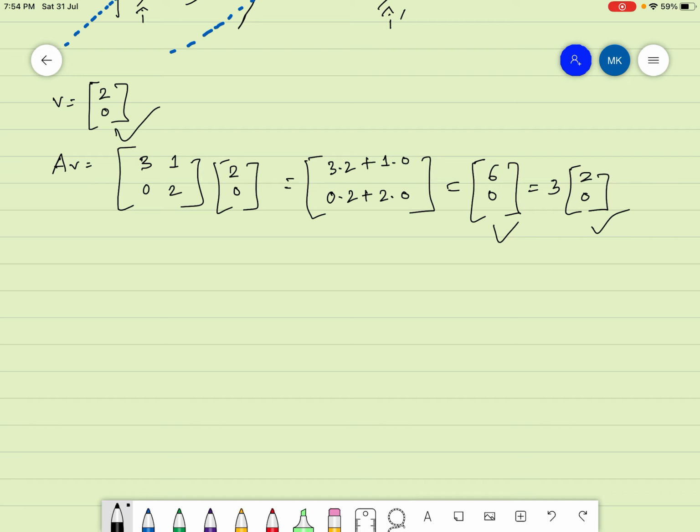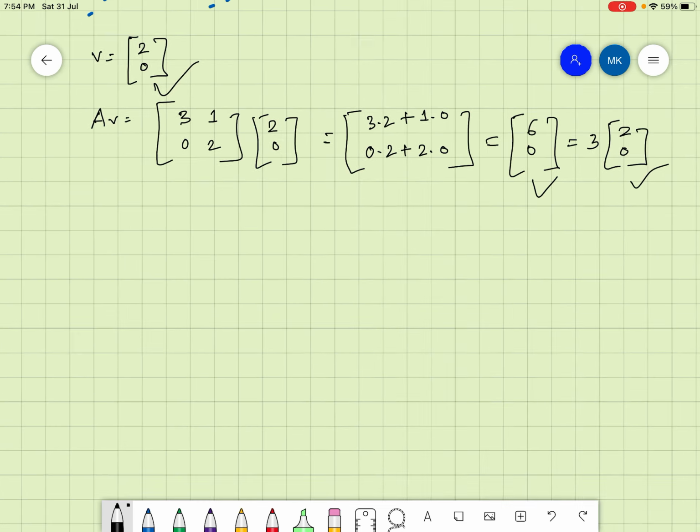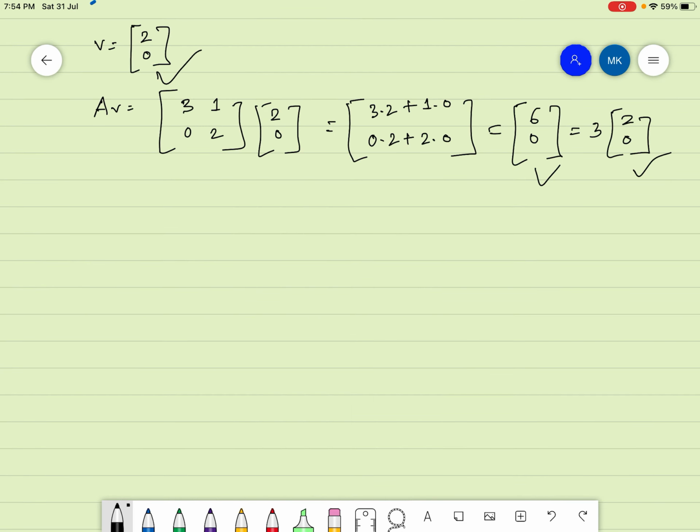So if I go for a generalized idea, it was this vector i cap and j cap, this was the basis, and after the transformation of A, the vectors on the x-axis actually remain on the same span.